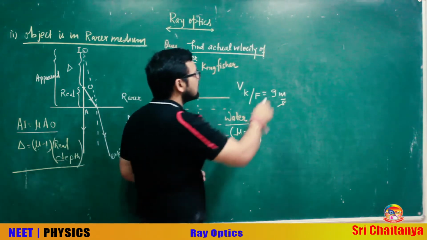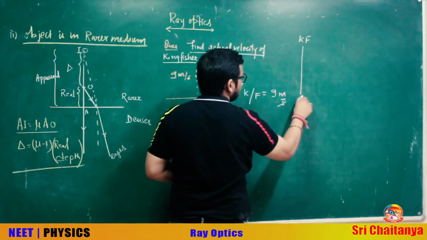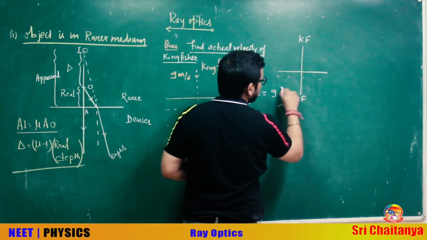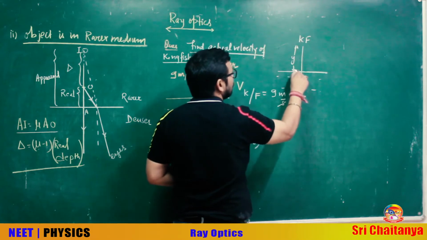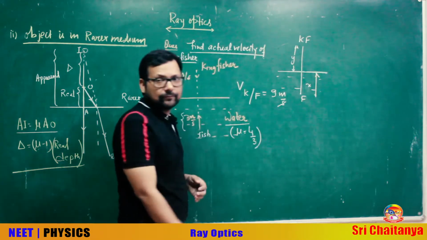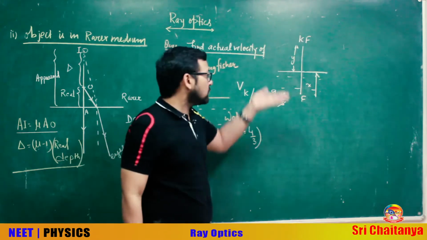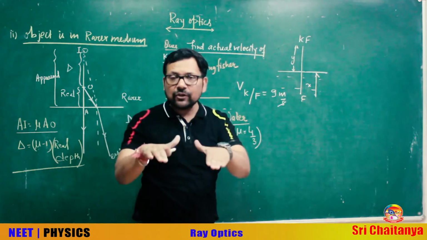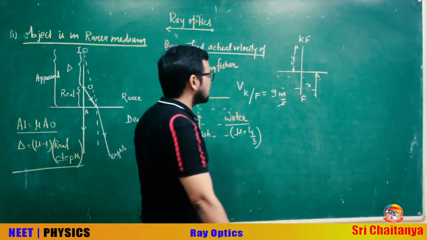So let's see, this is the kingfisher and this is the fish. This is the interface. From the interface of water and air, the kingfisher is at an actual distance of y, and the fish is at an actual depth of x. Kingfisher, actual I'm talking about, not with respect to the fish. Actual height of the kingfisher from the surface is y, and actual depth of the fish from the surface is, say, x.